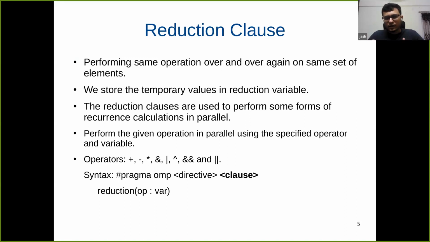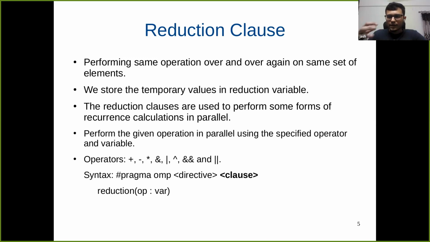OpenMP creates a temporary variable, and these temporary variables are used by each thread for the calculation. The reduction clause helps us in performing recurring operations in parallel, which was the calculation of the trapezoidal rule.